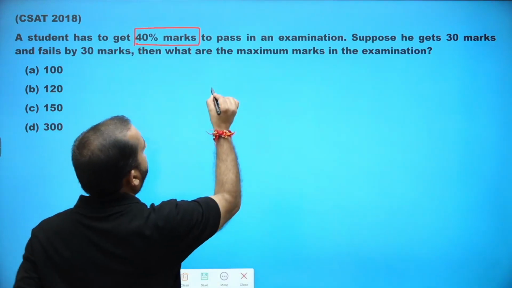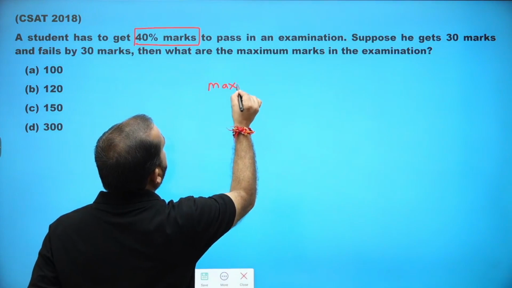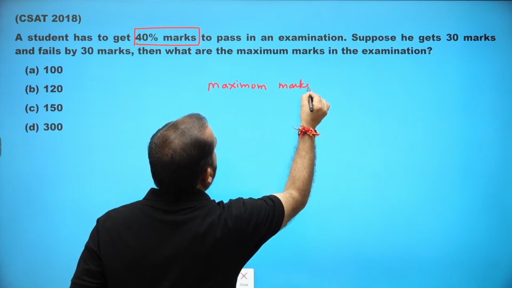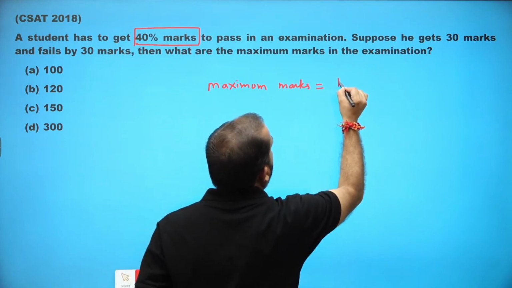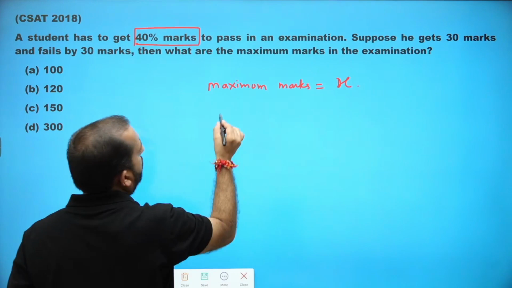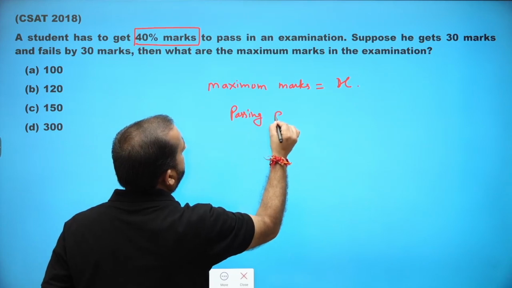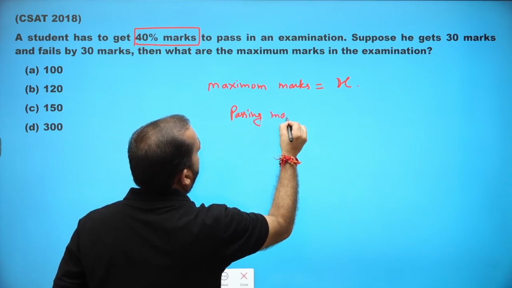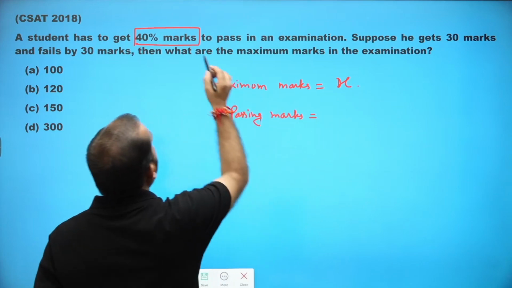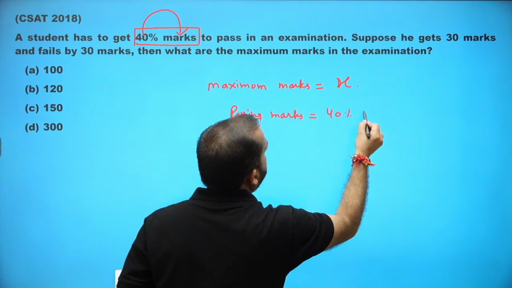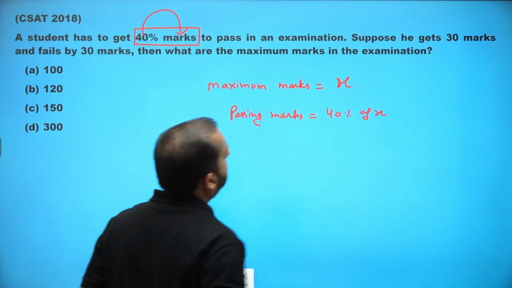So let's say the maximum marks of that examination was X. So passing marks should be 40%, which means 40% of X.